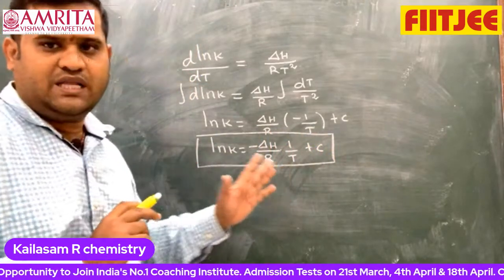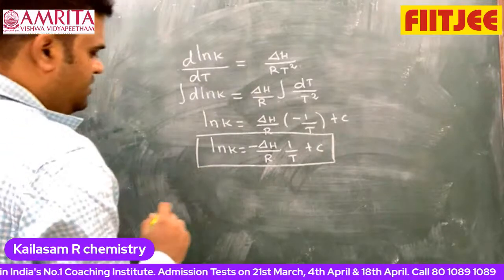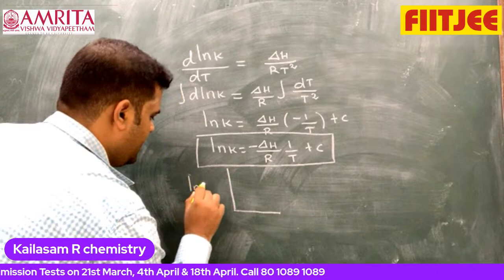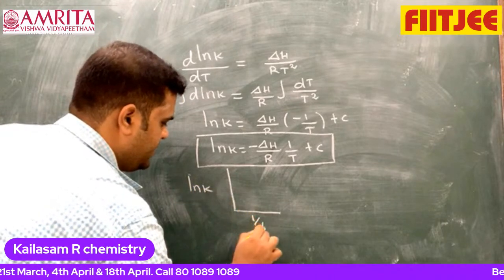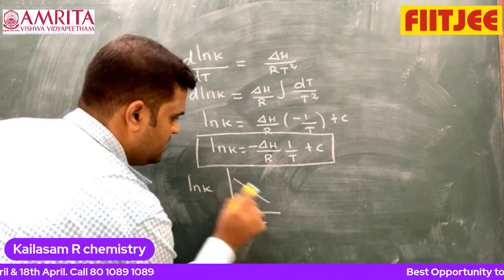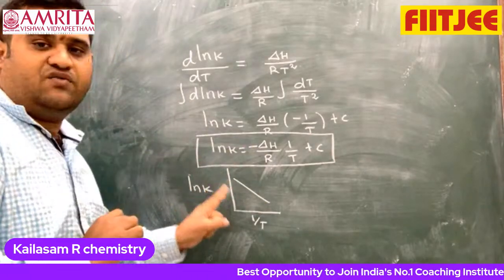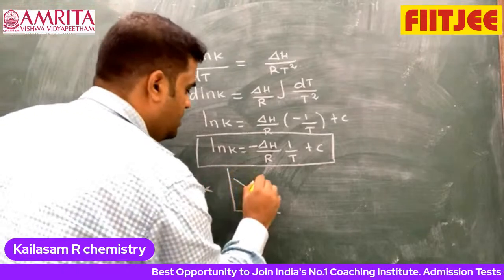Now if we want to draw the graph, very simple: ln K versus 1 by T. The slope you are going to get is minus delta H by R. But this graph belongs to an endothermic reaction.